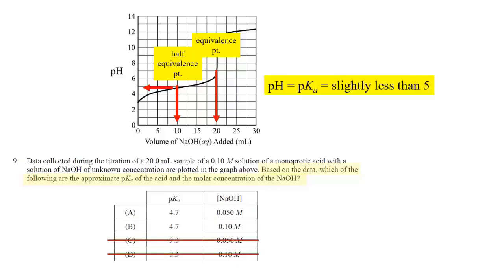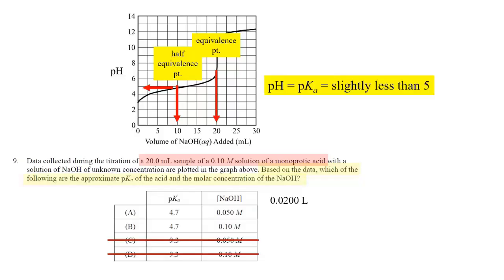Now, what about the calculated value for the concentration of the sodium hydroxide? You've already seen examples in this video of how we can calculate the number of moles of either the acid or the base. And if we know volume and molarity, we can calculate the number of moles. So I have the volume of the acid, 20 milliliters. I divided by 1,000 to convert that to liters. So that's 0.02 liters.